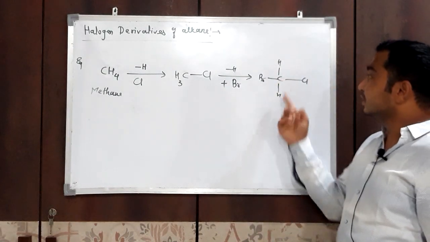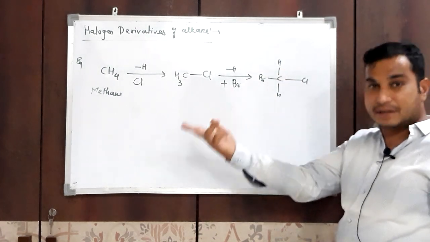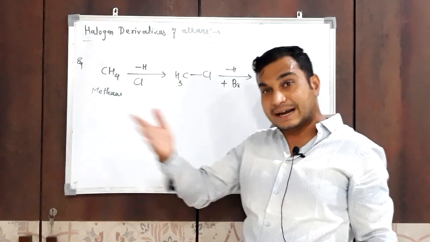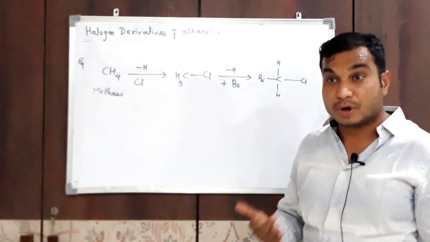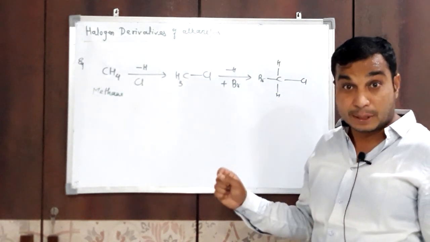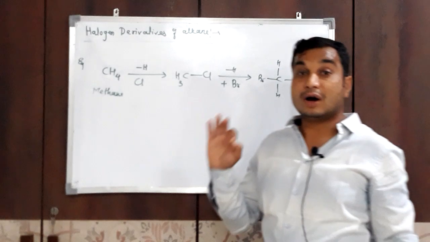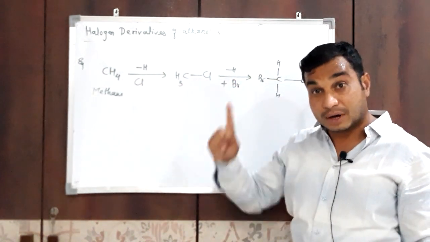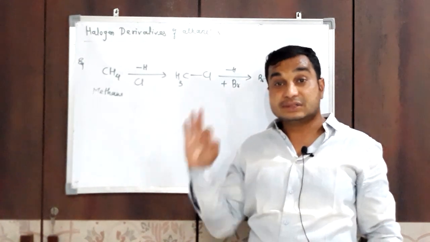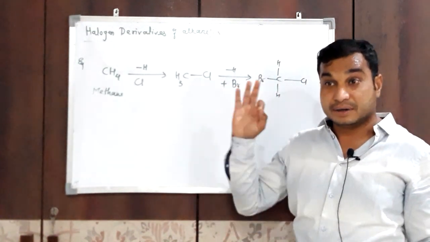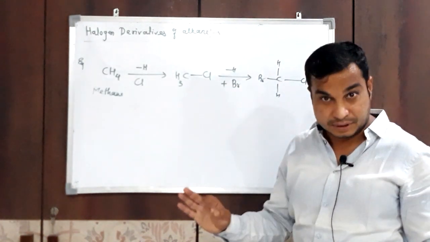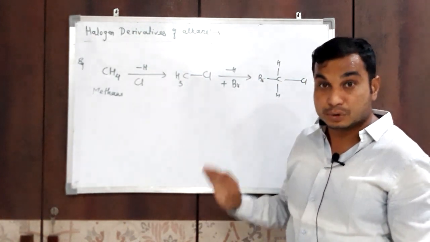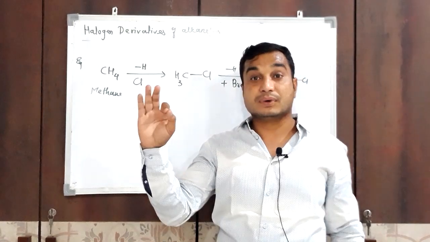Again we can replace the third hydrogen by any halogen atom, the fourth hydrogen by another halogen atom. The new compounds obtained, which contain halogen atoms by replacing 1 or more hydrogen atoms from alkane by the same number of same or different halogen atoms, are known as halogen derivatives of alkane.